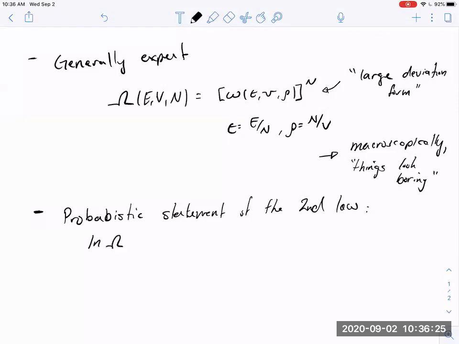The log of omega, the number of ways something can happen, increases in a spontaneous process for an isolated system.